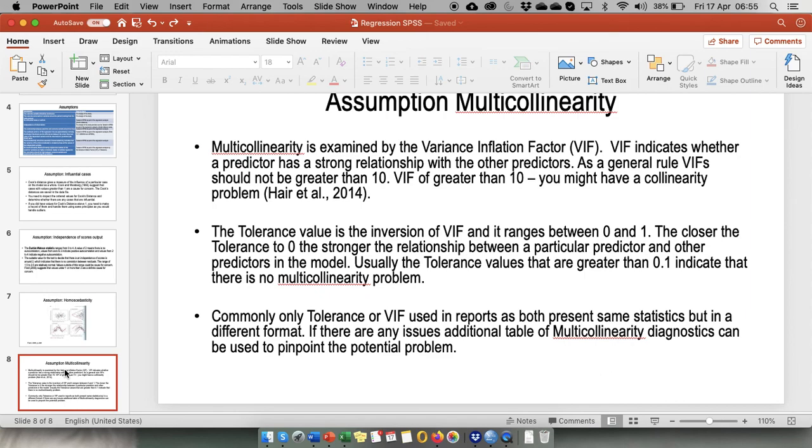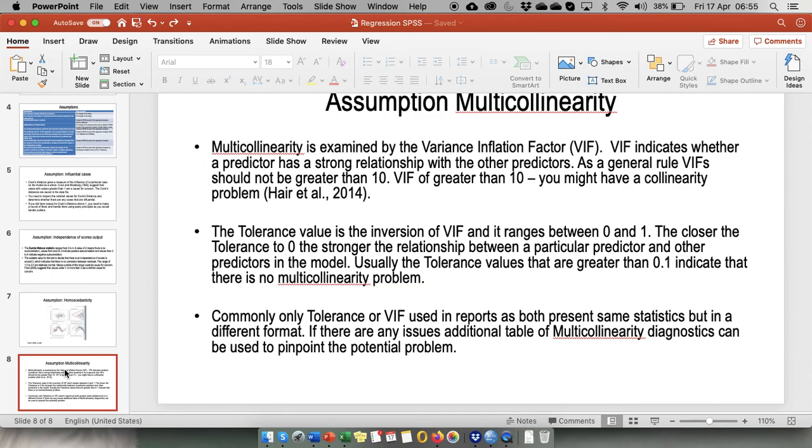So what do you do if your tolerance or variance inflation indices are high for that variable? You need to consider removing that variable from the model. Basically, you have in the model two variables that are highly overlapping, and there is no need to use two highly overlapping variables. They're going to fight for the variance in the dependent variable, and you don't want that type of fighting.